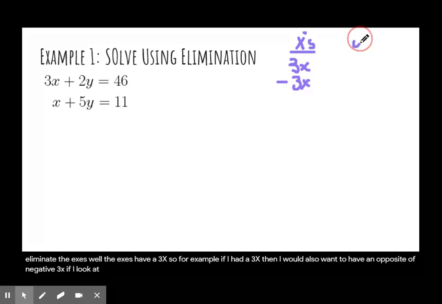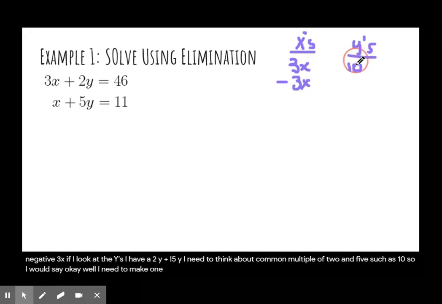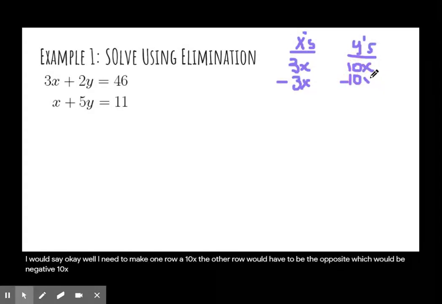If I look at the y's, I have a 2y and a 5y. I need to think of a common multiple of 2 and 5, such as 10. So I would need to make one row a 10y. The other row would have to be the opposite, which would be negative 10y.